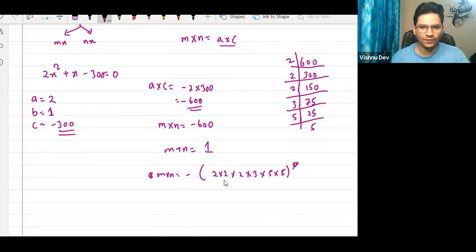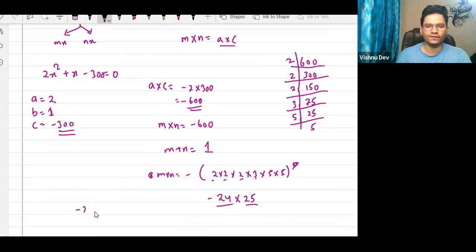So what is 2 into 2? 4. 4 into 2 is 8, 8 into 3 is 24, and 5 into 5 is 25. Now suppose minus 24 plus 25, कितना होगा? 1. Got it?